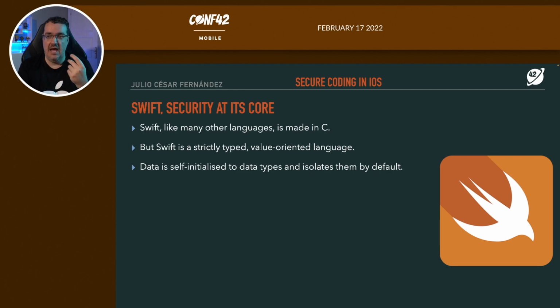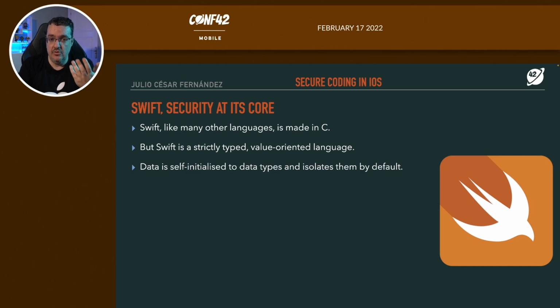When you put a number 1 in your code, 1 is not a value, it's a data type. That's why we are talking about value typed, because the values are typed and converted automatically into data types, because it's self-initialized and there are no values in Swift, there are data types.